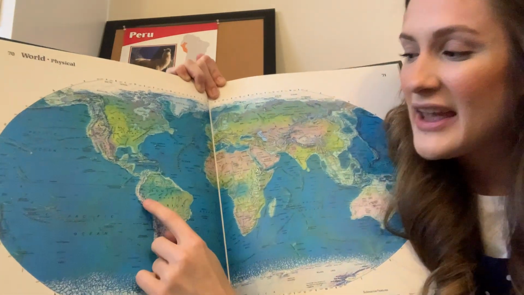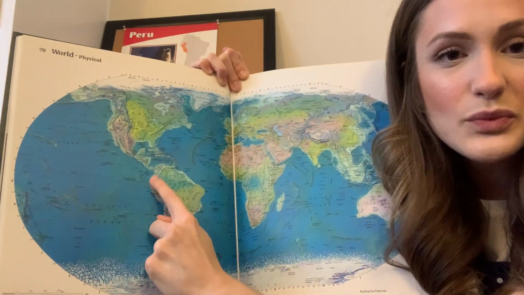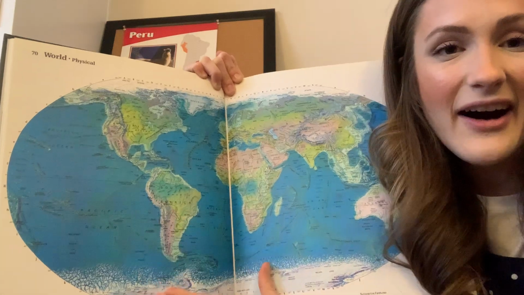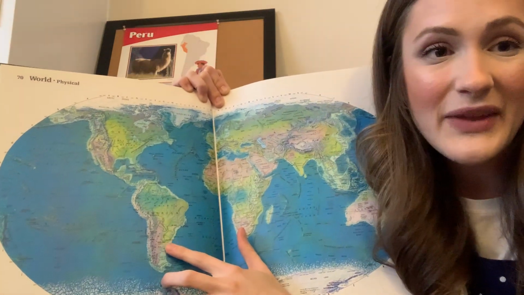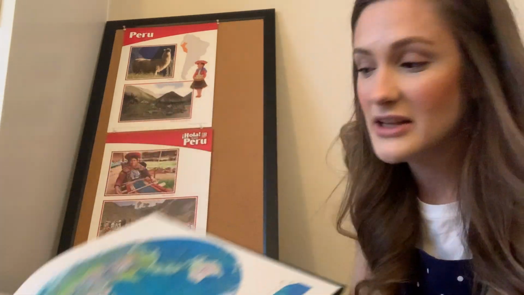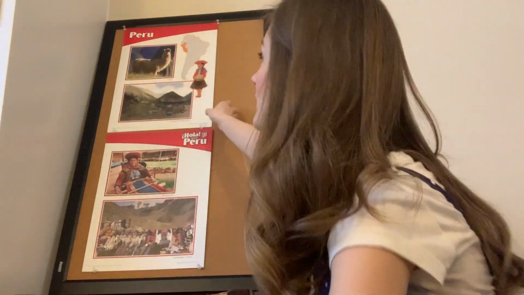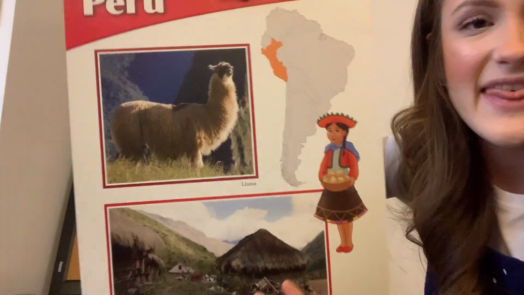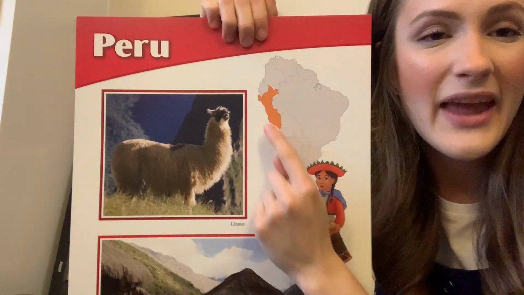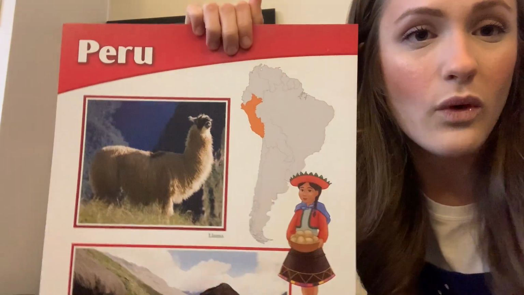And Peru is a little country that's right here in South America. So when we look at a map that's just of Peru, you will notice that this is South America and Peru is the country right here in orange.